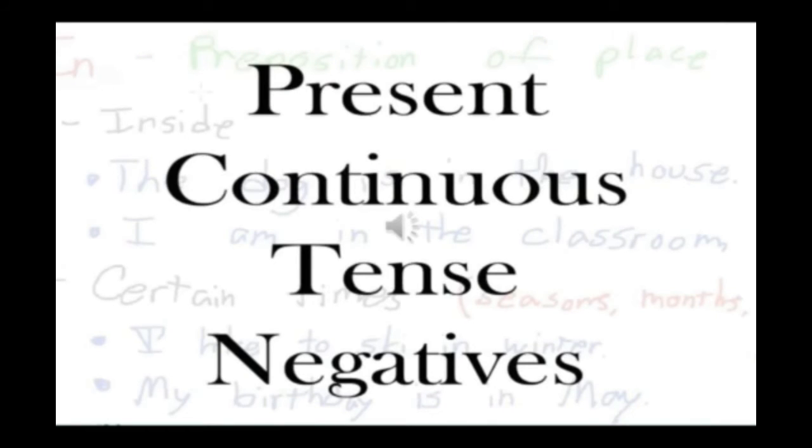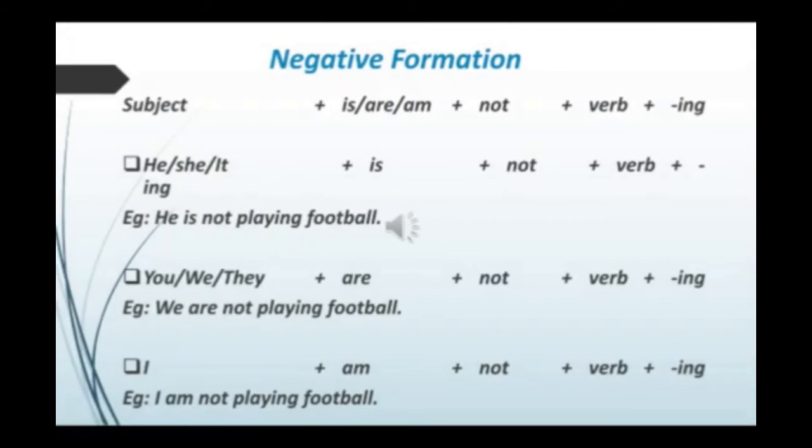Now we are moving on to making negative sentences in present continuous tense. To make a sentence in present continuous tense into a negative form, it is very simple. We have to simply add not next to the auxiliary verb.